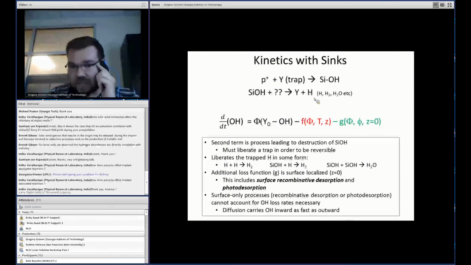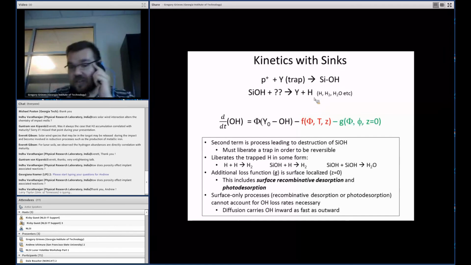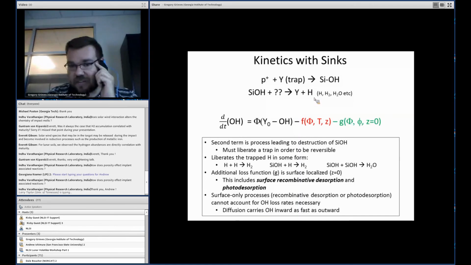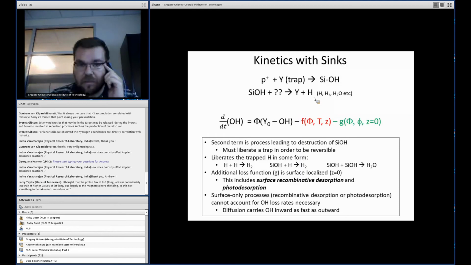The second term in green is a function of temperature, which I left out there, solar wind proton flux, solar UV flux, but I have it localized at z equals 0, representing surface localized processes such as photodesorption or surface thermal recombinative desorption.